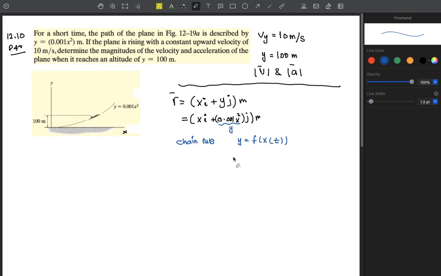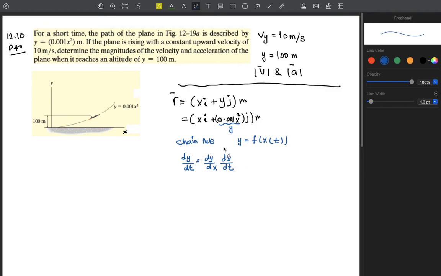Now we need dy over dt to get vy, right? So as I said, we differentiate y with respect to x, so dy over dx, and then you differentiate x with respect to t, so multiplied by dx over dt.